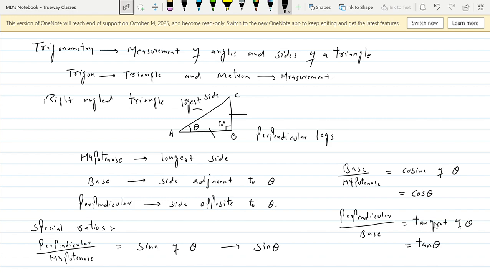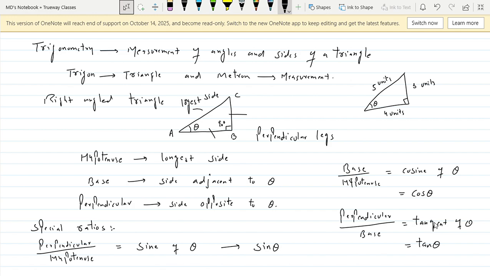For example, we have a right triangle. This side is 3 units, this is 4 units, here it is 90 degrees, and this is 5 units. Let me fix this acute angle.